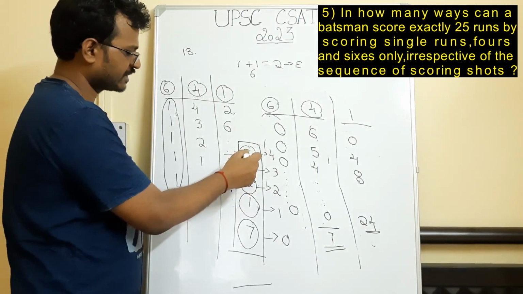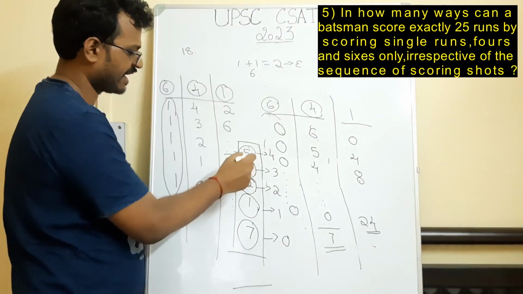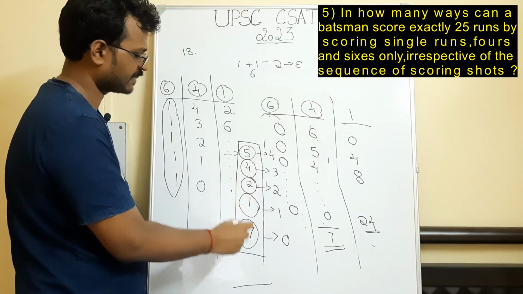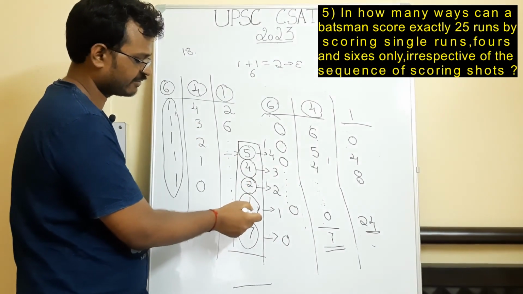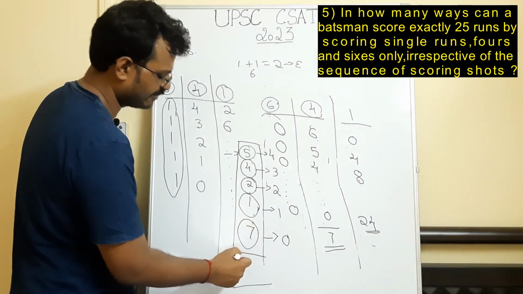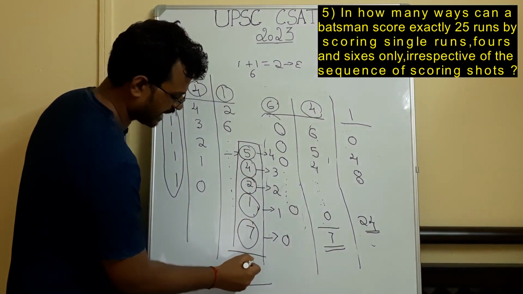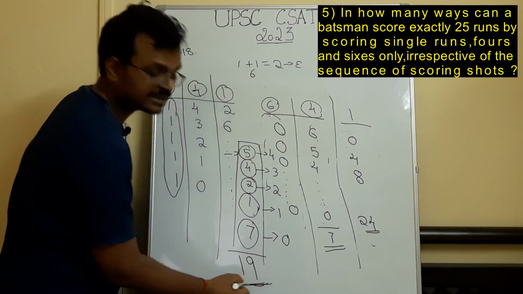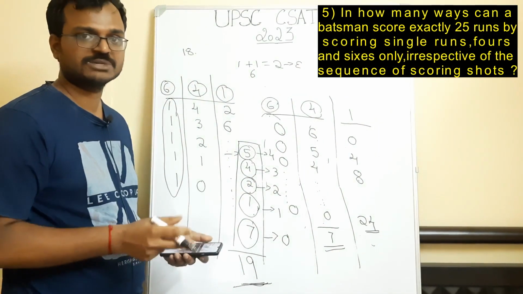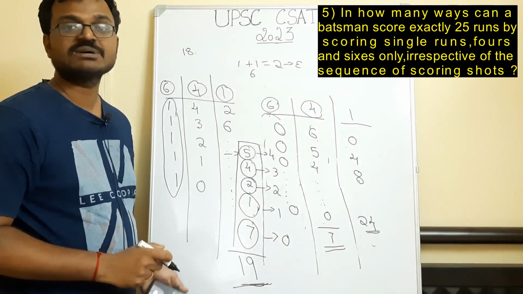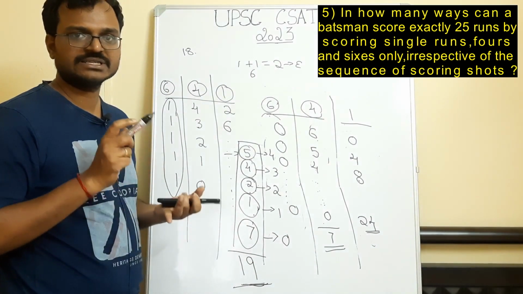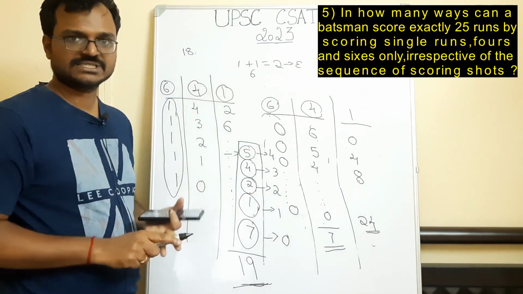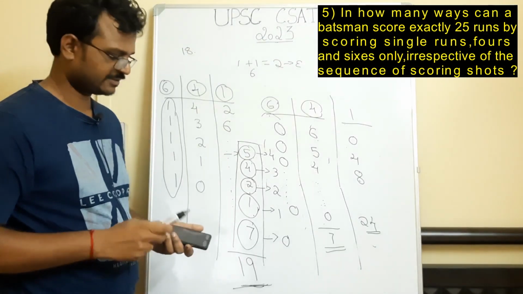So now when I total this sum, I get 5 plus 4 plus 2 plus 1 plus 7, that is 9 plus 2, 11 plus 1, 12 plus 7, that will leave me with 19. So there are a total of 19 possibilities, 19 ways in which the batsman can score 25 runs by scoring only either a single run or a sixer or 4 runs.